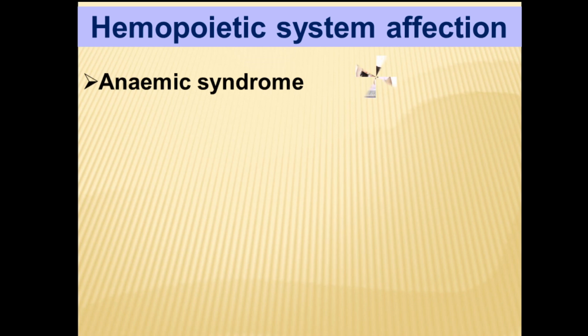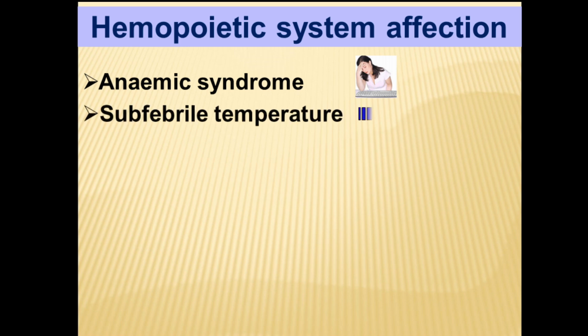Hemopoietic system affection is characterized by anemic syndrome, which completely resembles iron deficiency anemia, because it appears due to hypoxia. But in contrast to iron deficiency anemia, B12 deficiency anemia is often accompanied by subfebrile temperature due to hemolysis, because if you remember normal physiology, you must know that disturbed maturation of erythrocytes is accompanied by changes in their size.